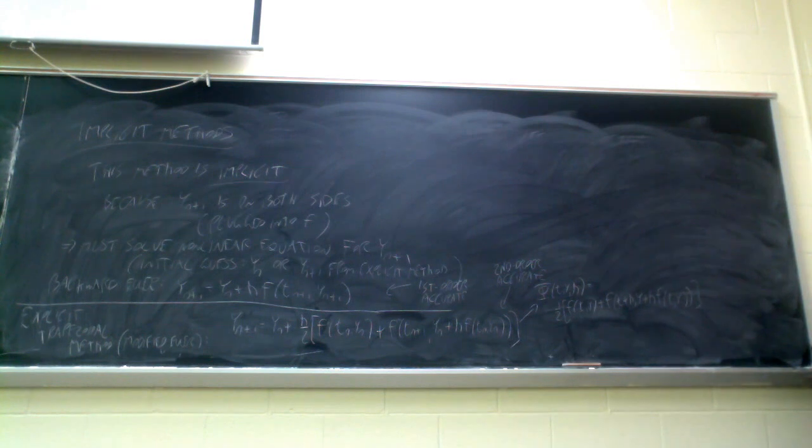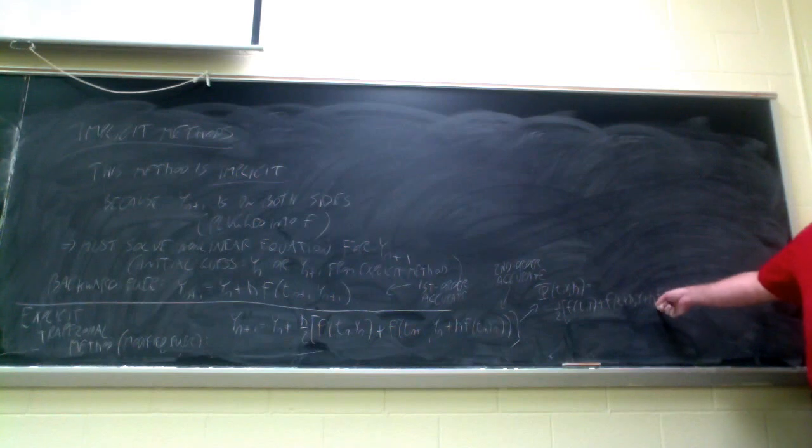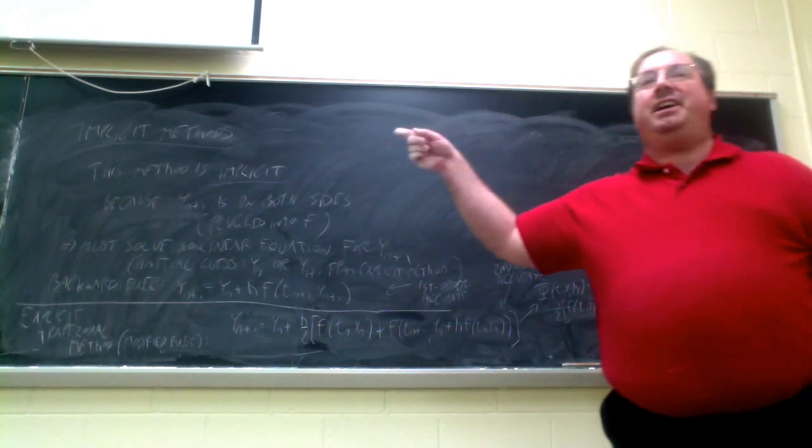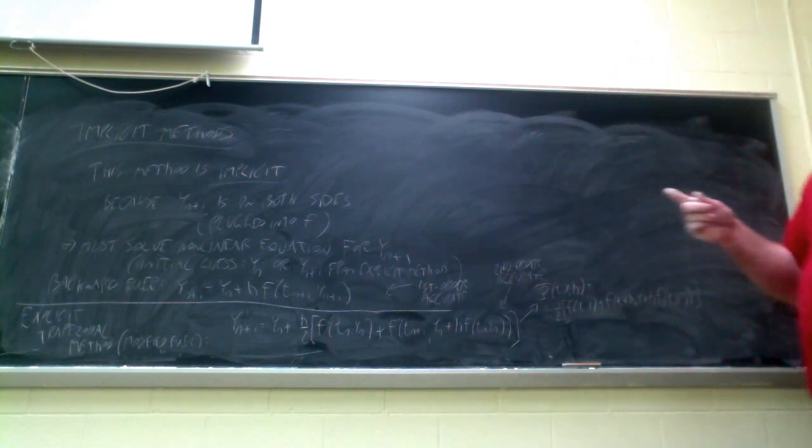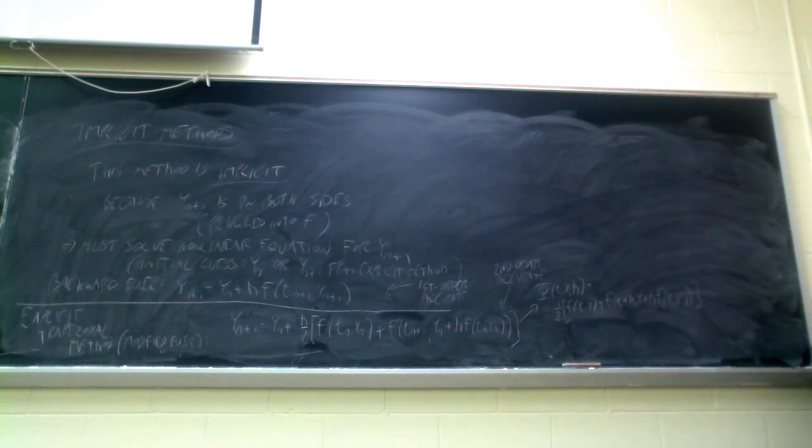Okay, so on this board you have phi for the explicit trapezoidal method. On the other board you have phi for the implicit trapezoidal method. Where do they differ? The last part, right here. Here I just have plain old f. Over there I have phi again. When you have an implicit method, phi is recursively defined. You can't write down a formula for it because of the implicitness, but in this case you can.